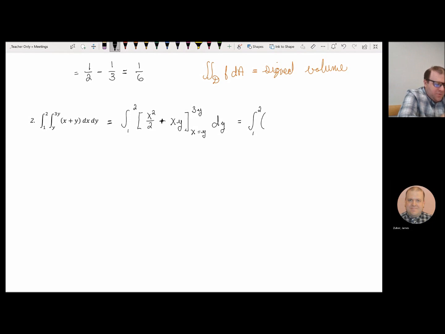Nine y squared over 2 minus y squared over 2 is 4y squared. Then we get 3y times y is 3y squared, minus y times y, y squared. So we have 3y squared minus y squared, plus 2y squared.